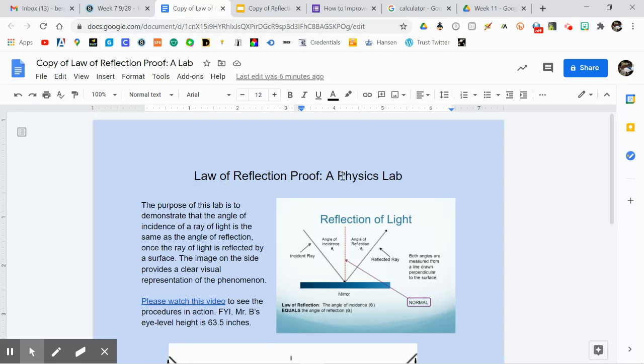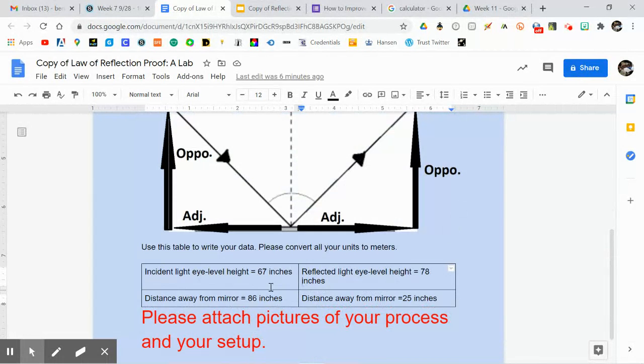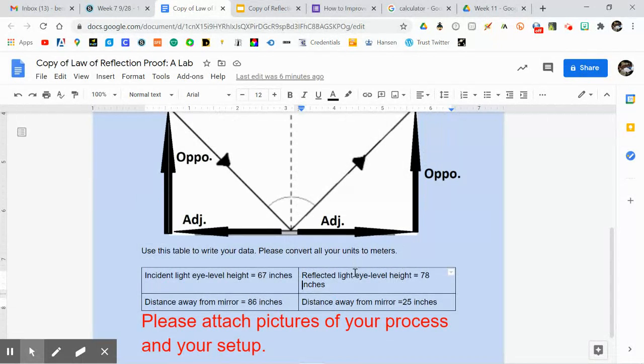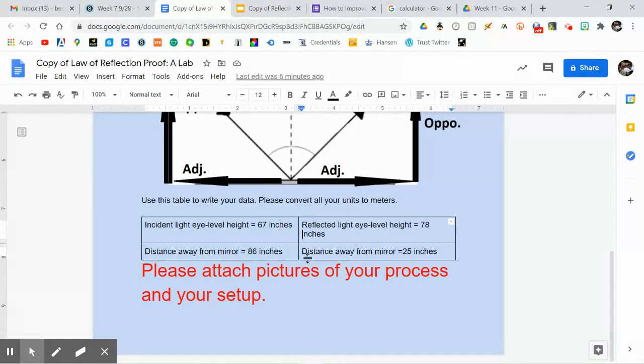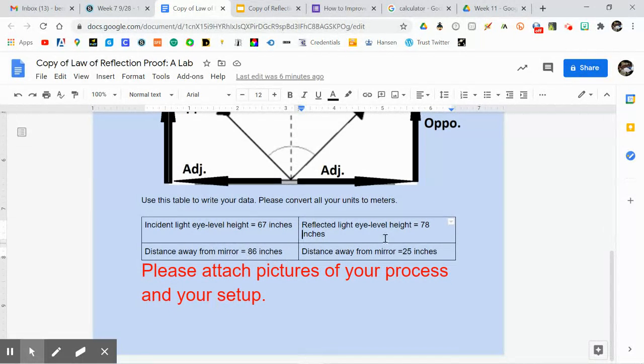This is from week 11. You already have data. You already wrote numbers. You already did this experiment, and this is the data that you are going to use. So we are going to put these numbers in our write-up.